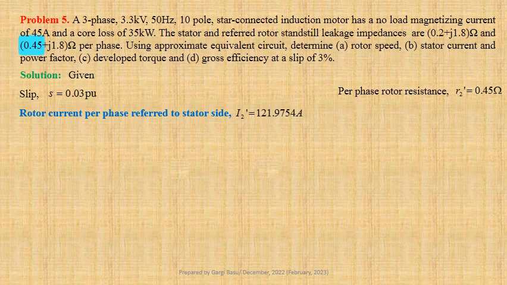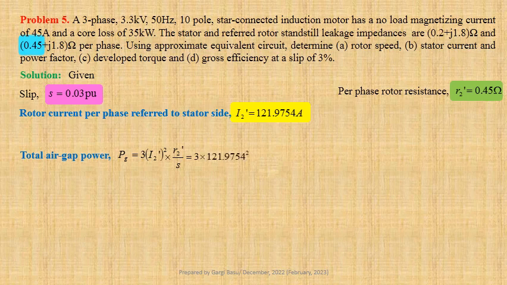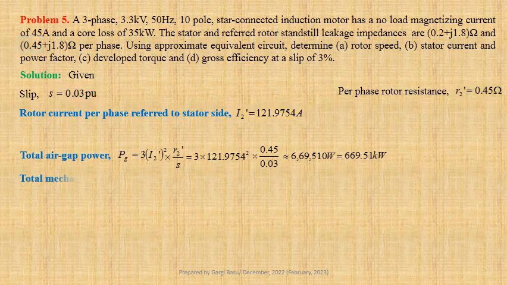For three-phase induction motor, total air gap power PG equals 3 times I2 dash square into R2 dash by S. Using values we get 3 into 121.9754 square into 0.45 by 0.03, which is approximately equal to 669,510 watts or 669.51 kilowatt.